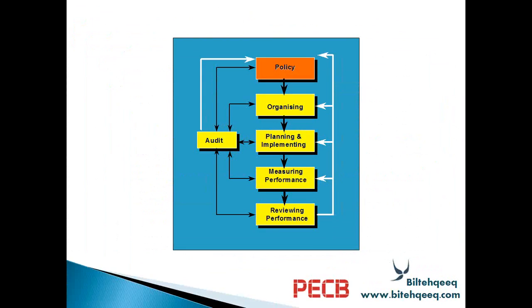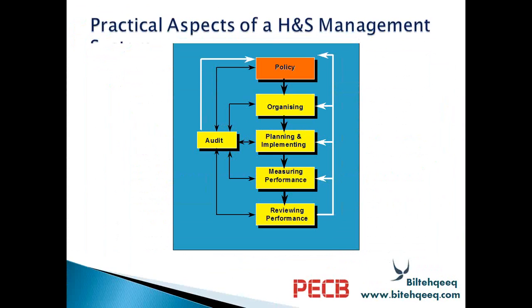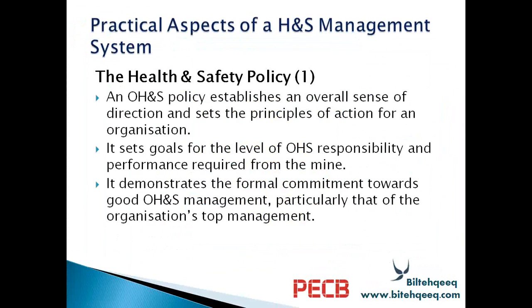So once again, you can see the same elements: policy, organizing, planning and implementation, measuring performance, reviewing performance, and audit. And if we want to know the detail, this is the slide about health and safety policy. Occupational health and safety policy establishes an overall sense of direction and sets the principles of action for an organization.